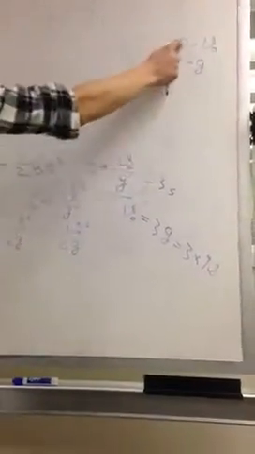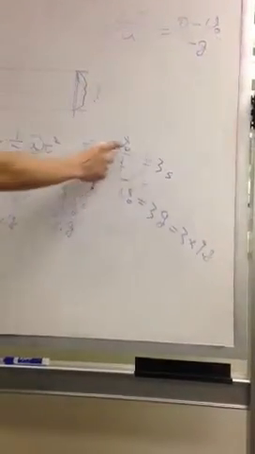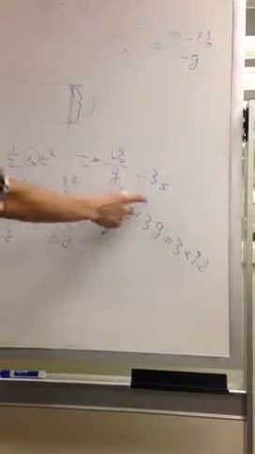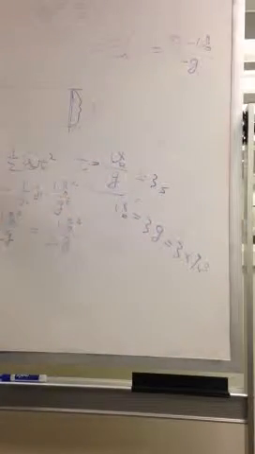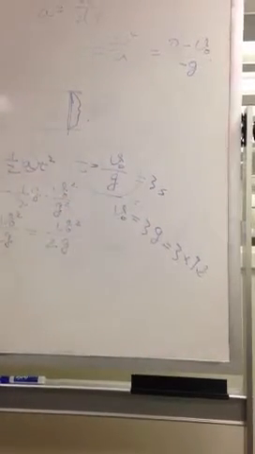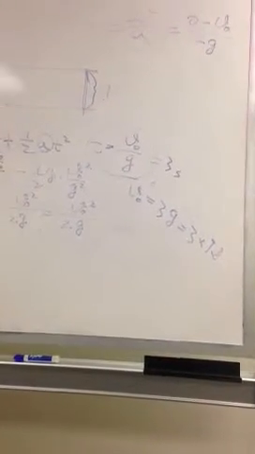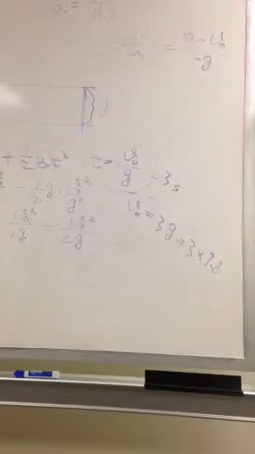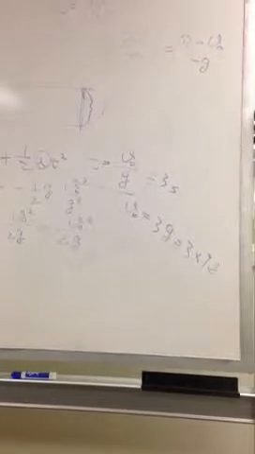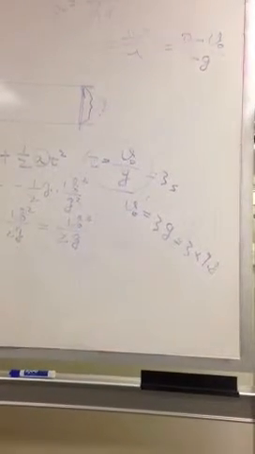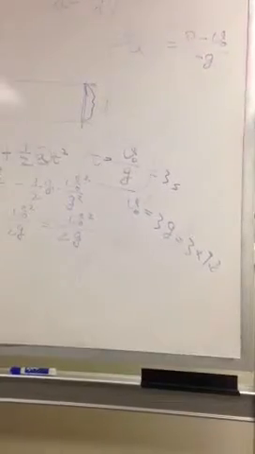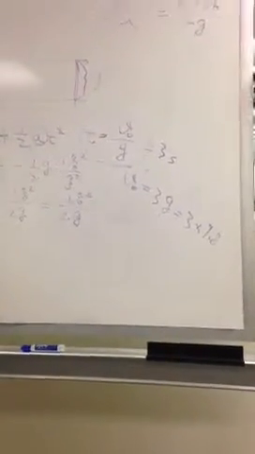So actually, if you consider the velocity positive, it will be positive. The initial velocity is along the y axis. Okay.